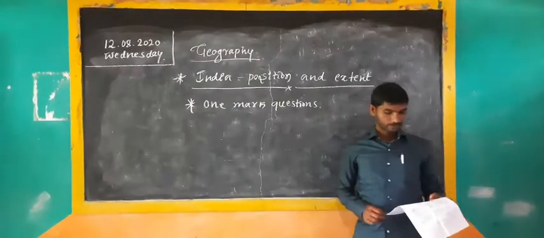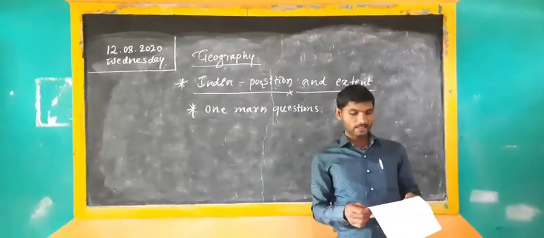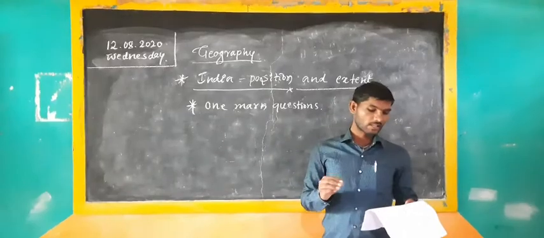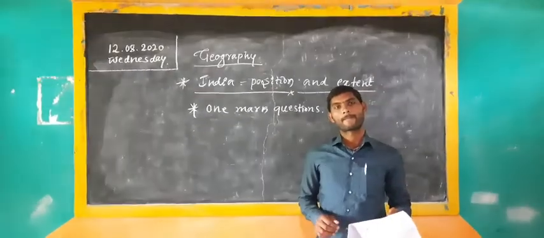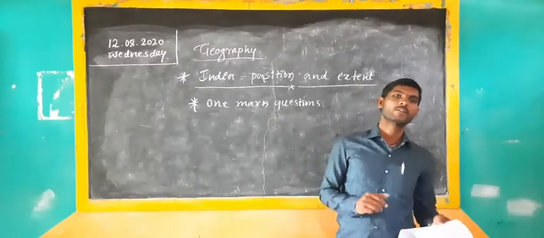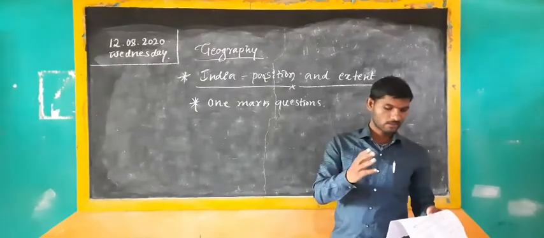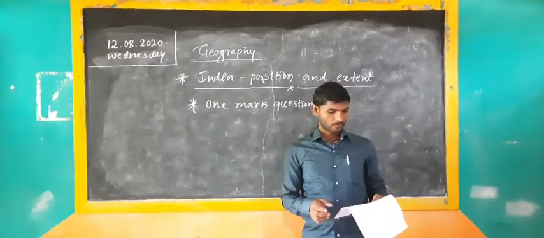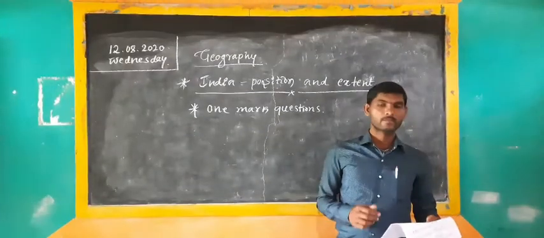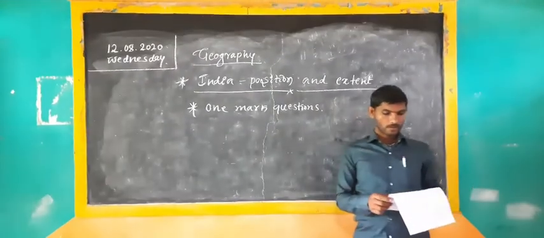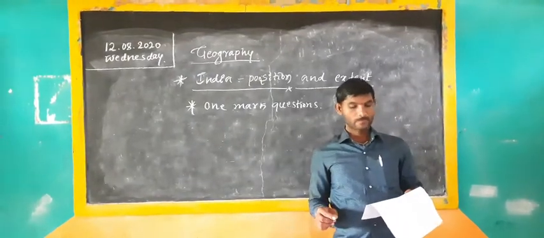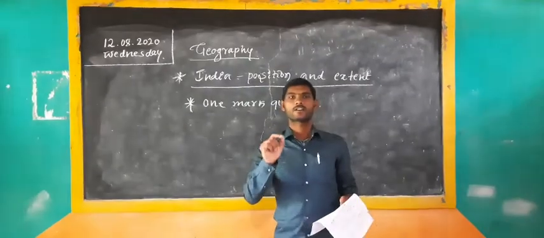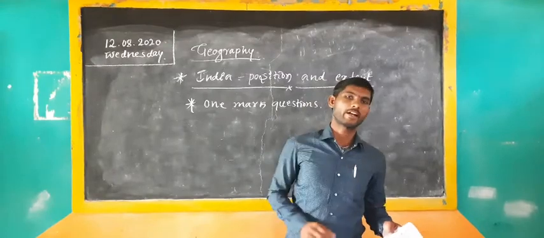The second one, which is considered as the southernmost point of India. Question number 3, which is the northern tip of India?